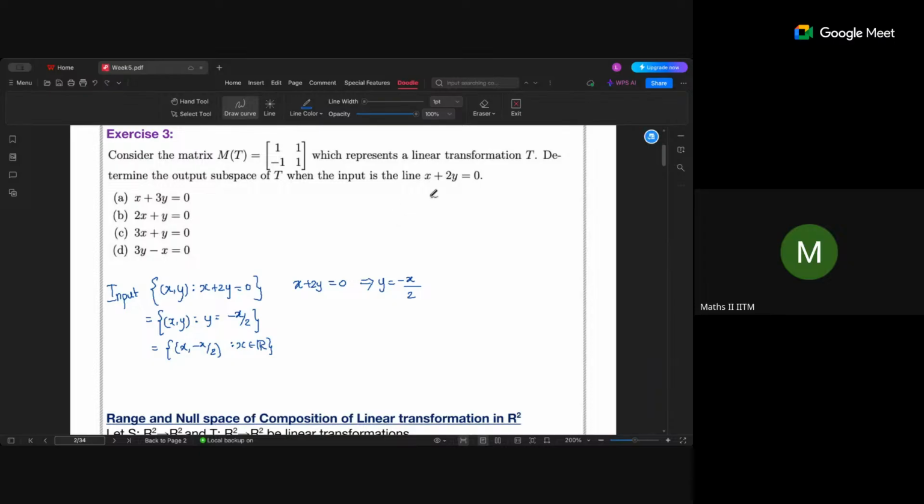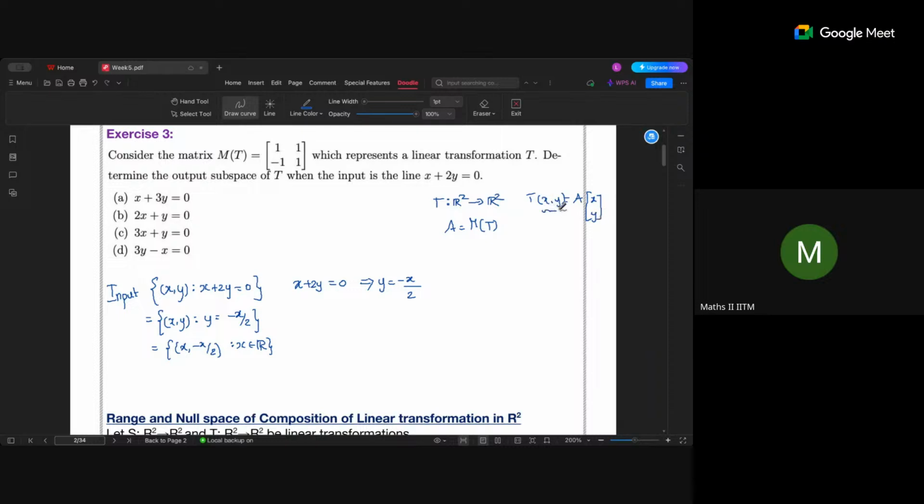Suppose T is a linear transformation from R2 to R2, and you have its matrix representation A. So checking T of (x, y) is equivalent to doing A times (x, y), right?